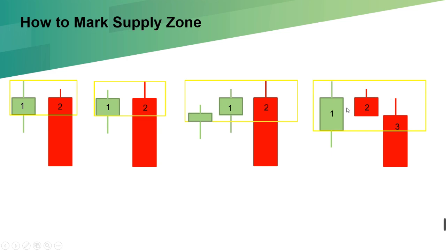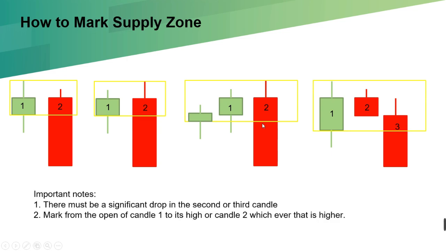What is the main point of all this movement? The important note is that there must be a significant drop in the red candlestick, in the second or the third candle. Then we mark from the open of the first candle to its high, or the second candle, whichever is higher. So it is about all of this.